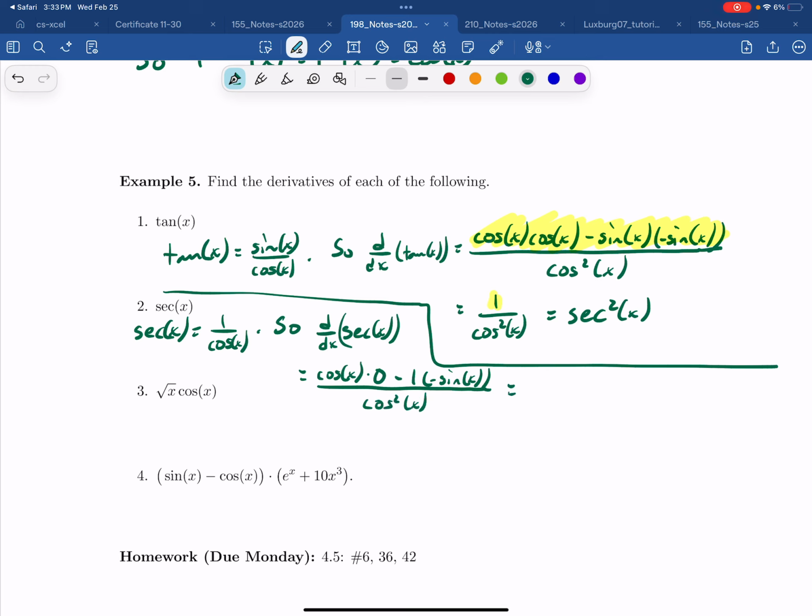When you reduce this, this whole thing goes to 0, this whole thing goes to sine of x, and then it's over cosine squared of x.